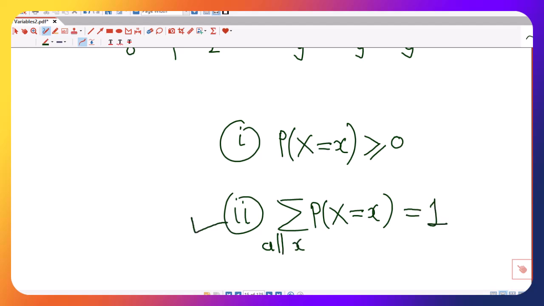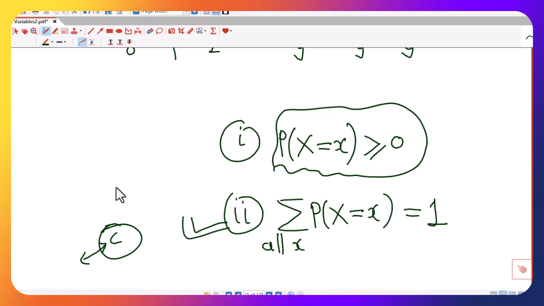Here we used this condition to obtain the value of c, and we obtained 3 values of c. Among those 3 values, to find the valid value for the probability mass function, we used this condition, and once we obtain c, we are able to determine the required probabilities.